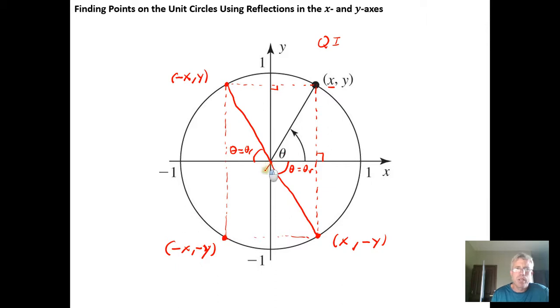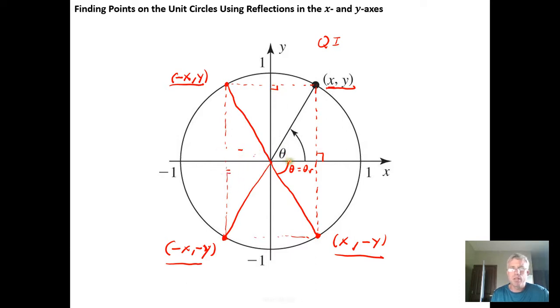And when we bring that terminal line down, this angle right here is still going to be theta. Theta will be the reference angle. The quadrant 1 positive acute angle will maintain itself as the reference angle throughout this reflection process. And what you notice is if you start with a point in quadrant 1, you can generate 3 additional points via reflections, and you generate angles that go with them.